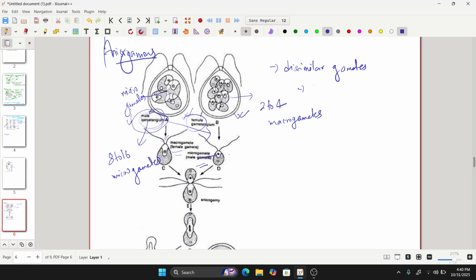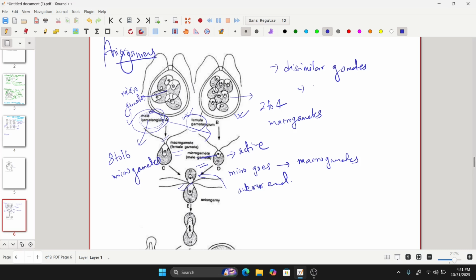Here, the male gamete is smaller in size and very active. So the male gamete goes close to the macrogamete, that is the female gamete, and fuses with it from its anterior end.